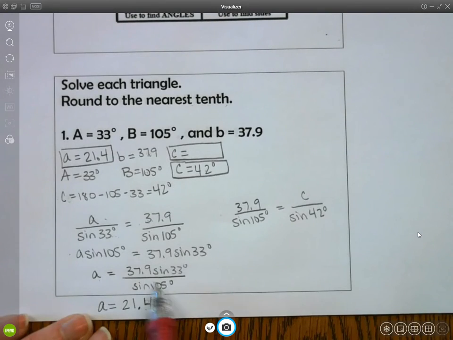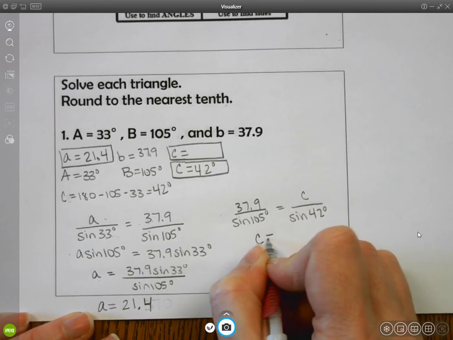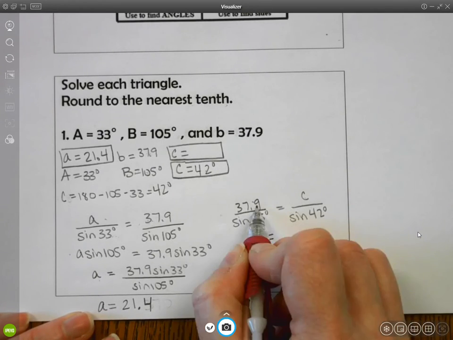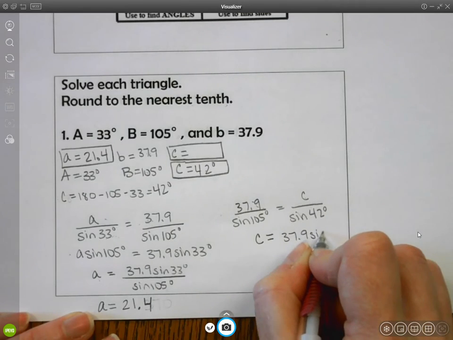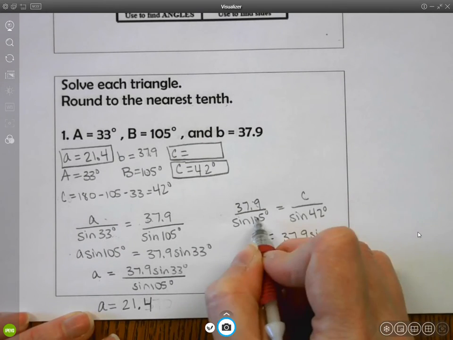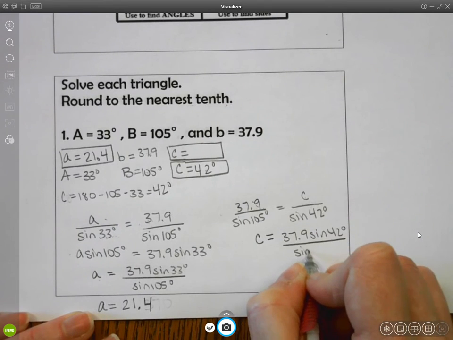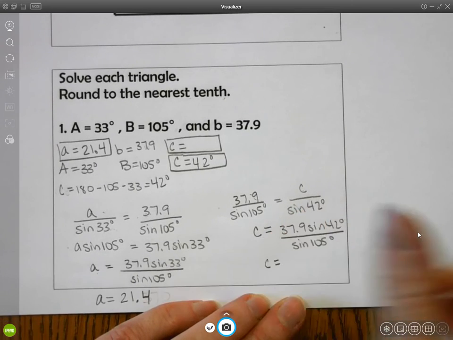All right, so what I was saying down here about not showing all of my work, I know that I'm trying to find C. These two that are diagonal from each other are going to multiply, and I divide by the one that's diagonal from what I'm looking for. All right, that's just skipping a step so you don't have to write as much.